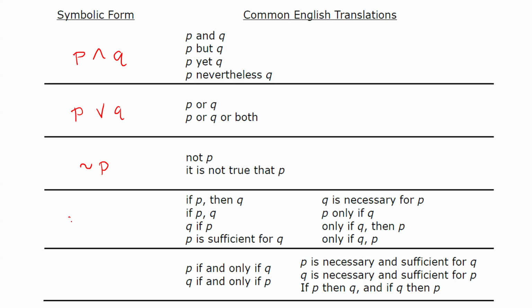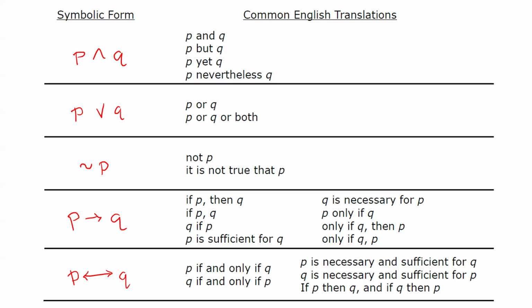Next, we have if P, then Q. We can also state that as if P, Q; Q if P; P is sufficient for Q; Q is necessary for P; P only if Q; or only if Q, P. And then the last one, we have the biconditional, which is the double-sided arrow.